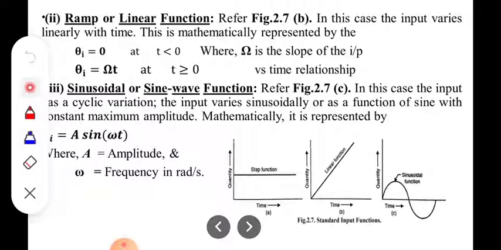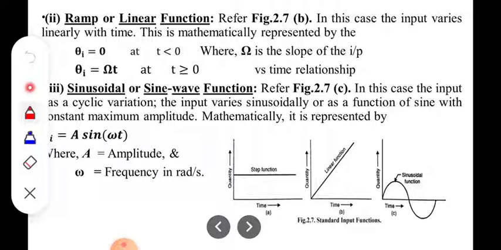Now when the waveform starts from the origin, what will happen? On the x-axis there is time, and whenever the time is 0, in that case the sine function of omega t, that t is 0, then omega t will become 0.